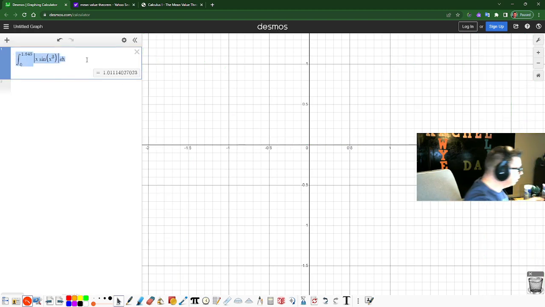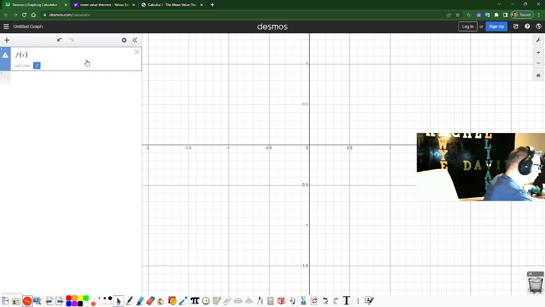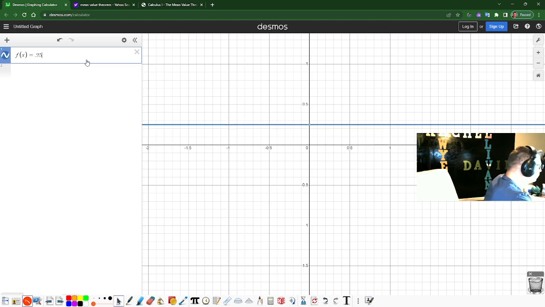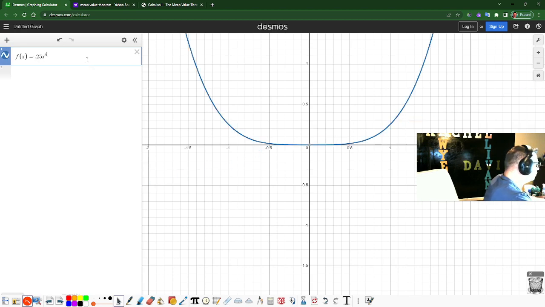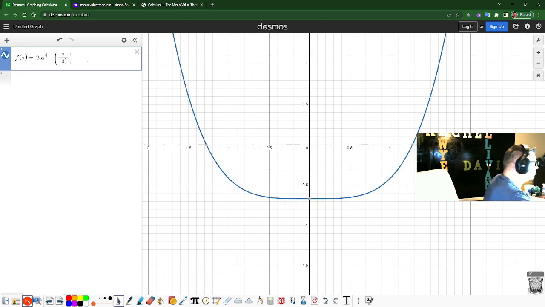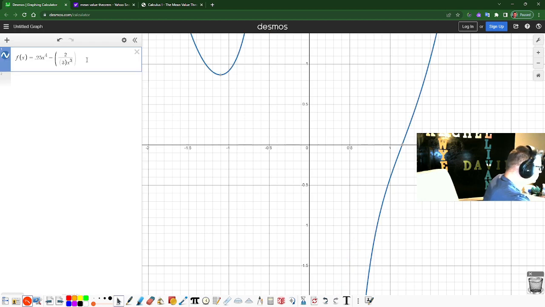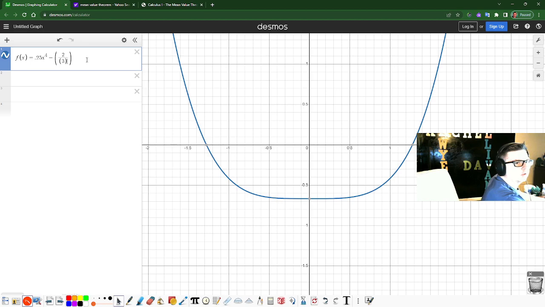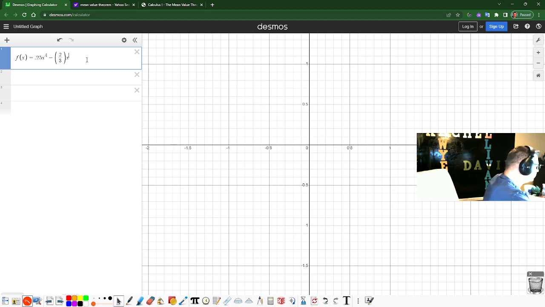We're going to go x equals 0.25 x to the 4th minus 2/3 x to the 3rd power plus 0.5x squared minus 0.5x.